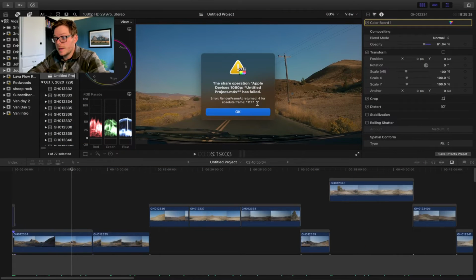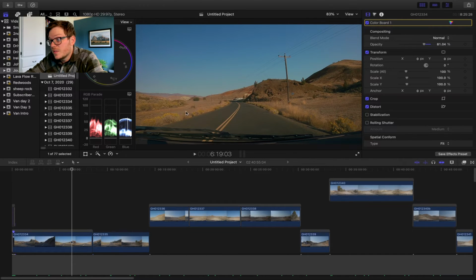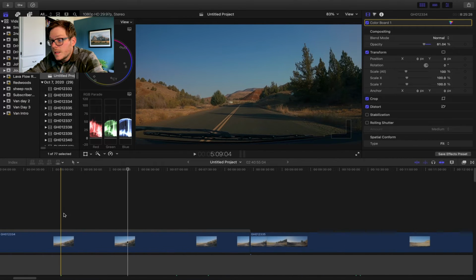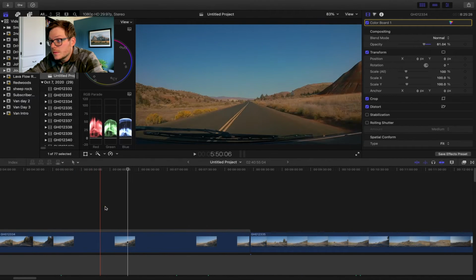So if we go into the timeline, I'll go to 6 minutes and 12.9 seconds, and we'll identify the exact frame that has an issue.